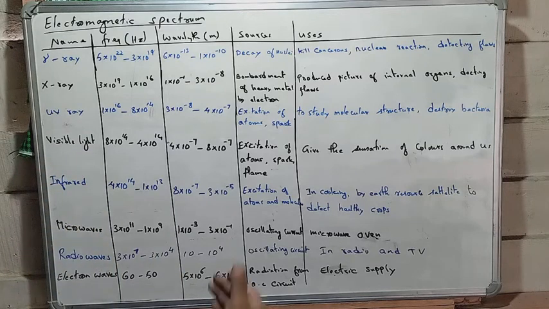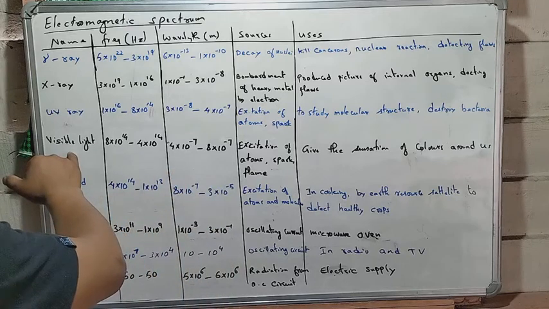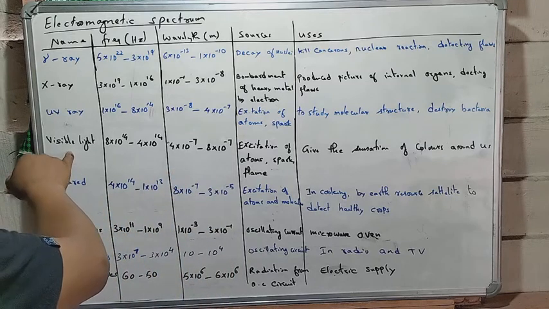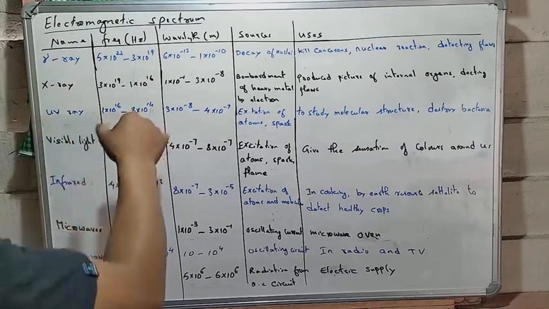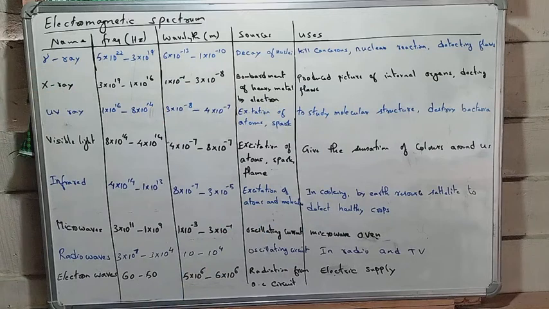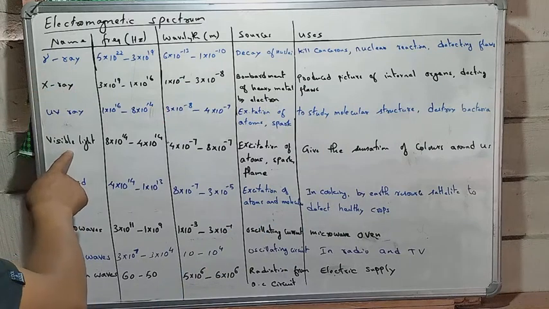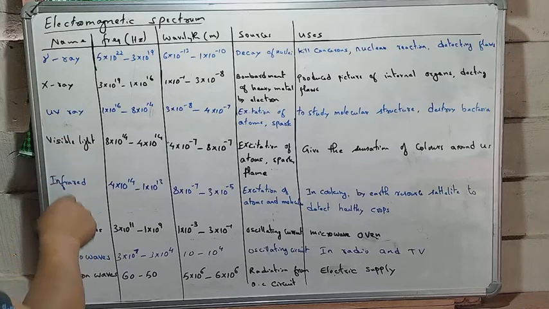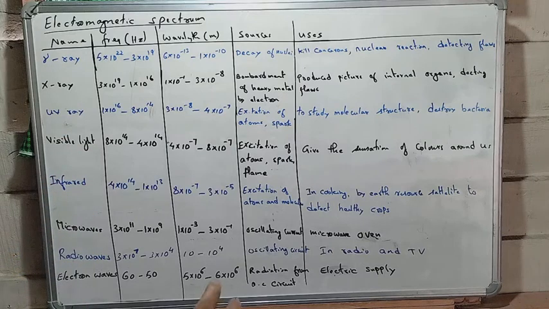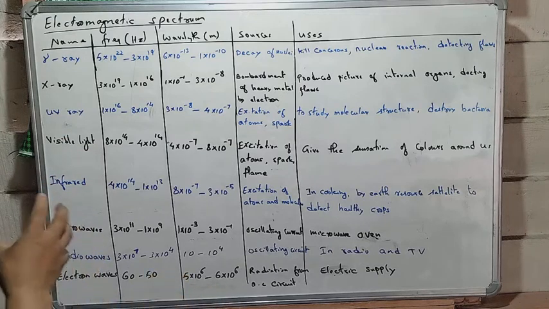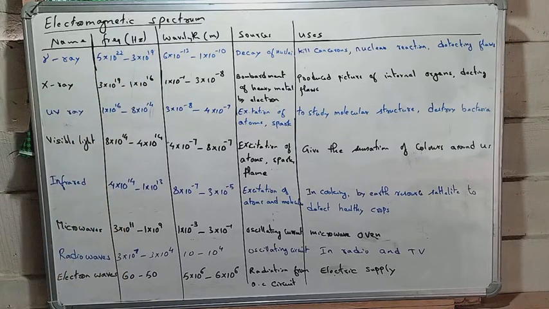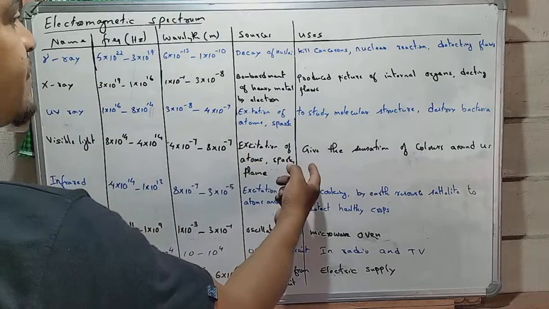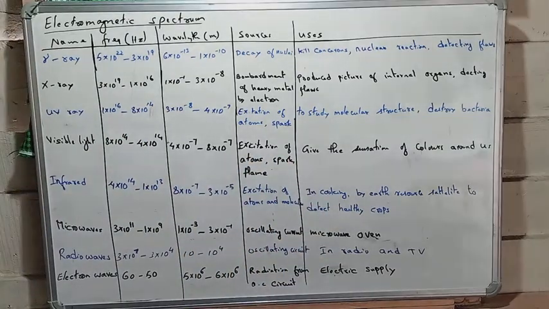Now if the frequency of the electromagnetic wave is more than the visible light, like these three rays, then our eye cannot detect such rays. Similarly, if the frequency is less than the visible light, again our eye cannot detect such electromagnetic waves. Now the use of visible light is that it gives us the sensation of color around us.